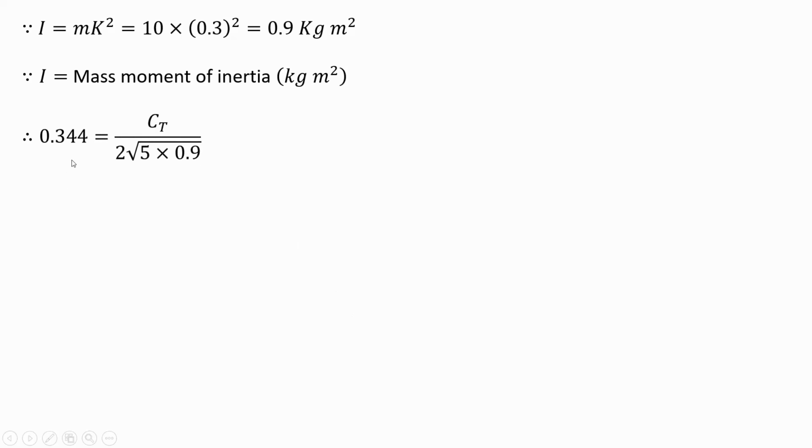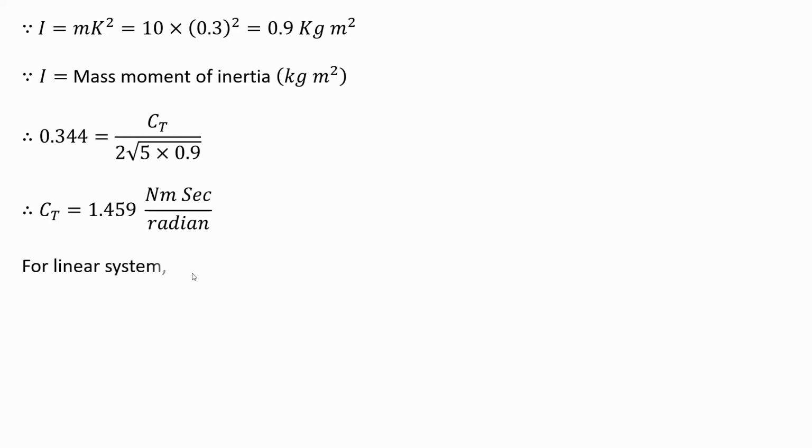So Ct you can cross multiply by this term. You will get the value of Ct as 0.344 multiplied by 2 square root of 5 multiplied by 0.9, and you must get this value. So check this particular value. The unit is Newton meter second per radian.